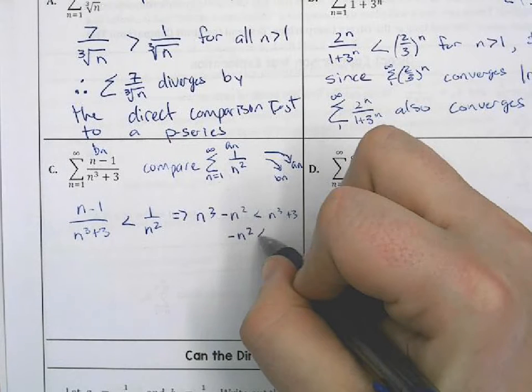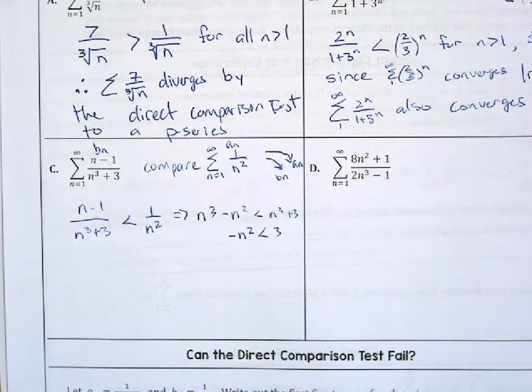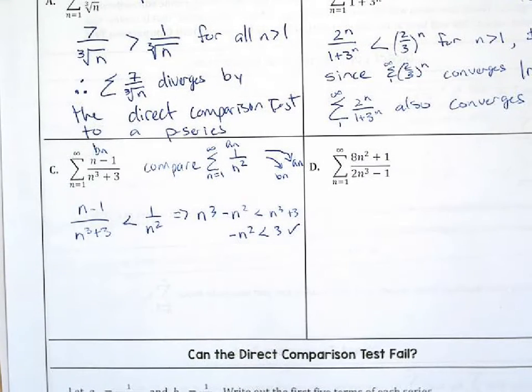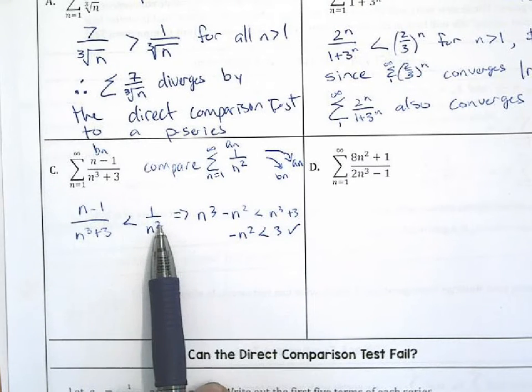Is negative n squared less than 3? Yes, for all n. So as soon as you get to some kind of statement that looks logically true, we can stop. Technically you could say it right here, but now you're kind of rolling the dice.